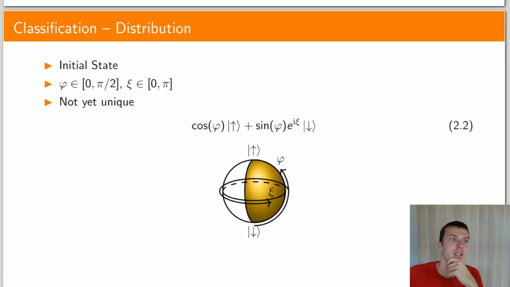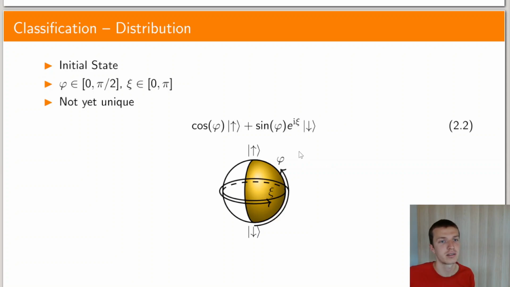Okay, so if we consider now not only symmetric walks but also general walks, we see that there is some dependence on the initial state, and we can parameterize all walks by using this parameterization for the initial state and this parameter range.